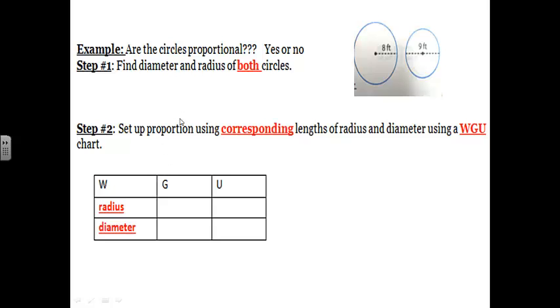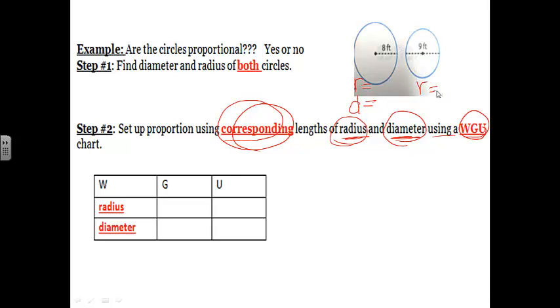Set up a proportion using corresponding lengths of radius and diameter using a WGU chart. So they want us to get radius and diameter. When we look up here, we have to find the radius of this large circle and the diameter of this large circle. We also have to find the radius and the diameter of the small one.